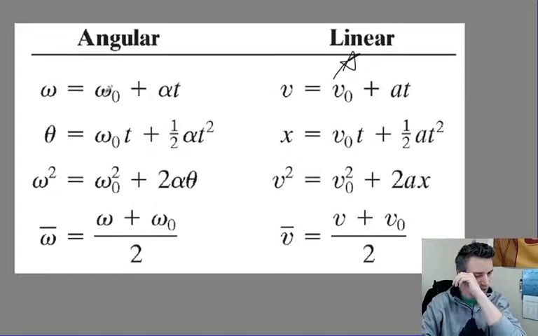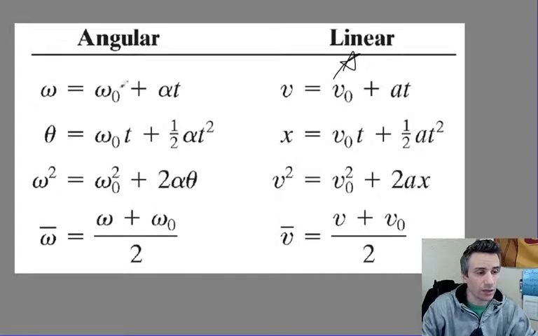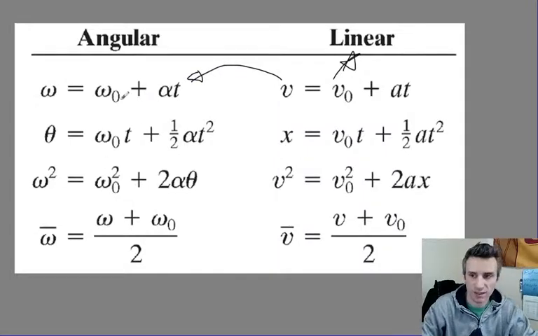Well, in this case, we have an initial angular velocity, we have an angular acceleration, we have a final angular velocity. So you should be able to take any of these equations that you already know and be able to develop this equation. I do not expect you to memorize these.